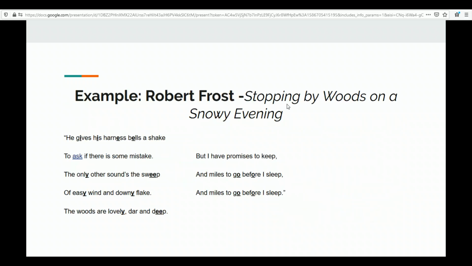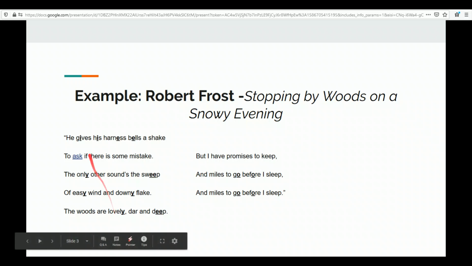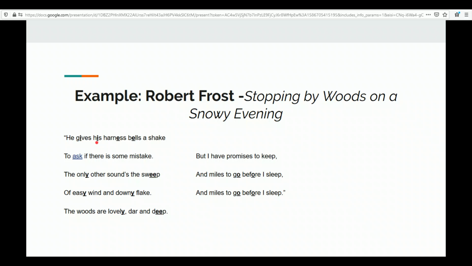Here we have another one, and you see there are underlined words. He gives, his: these are in assonance with each other, the I and the I. You have harness and bells, and the E in both of them.